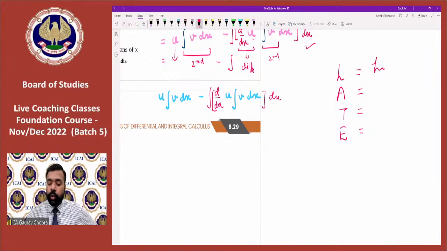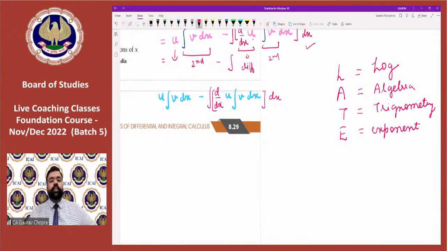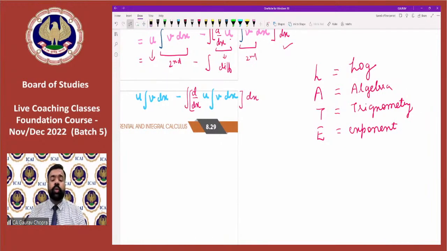L means logarithm, log. A is for algebra. T is for trigonometry. And E is for exponent. So we have to use them in order as first and second. If log and algebra are there as two functions, then log will be taken as first, algebra is second.